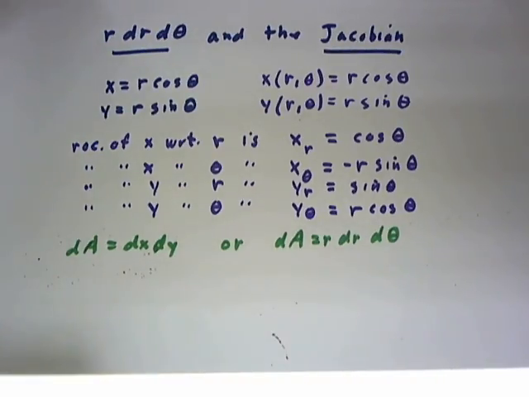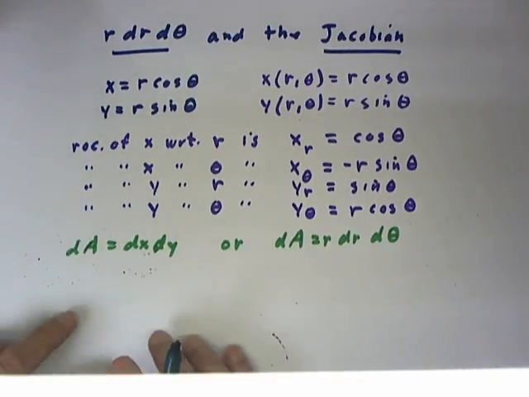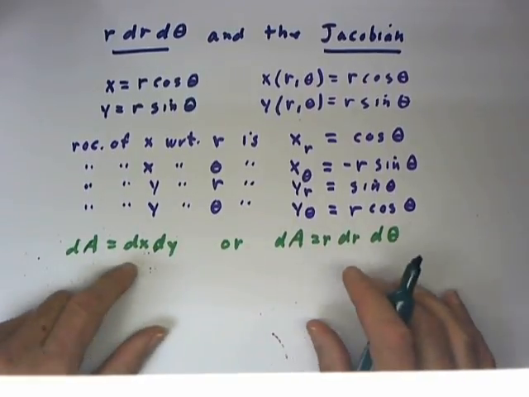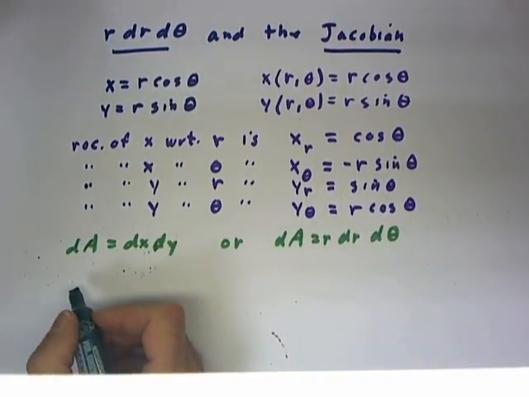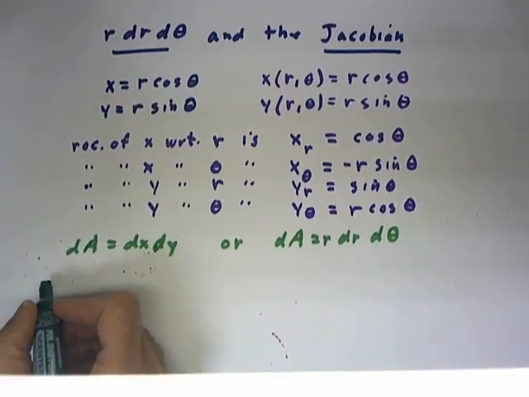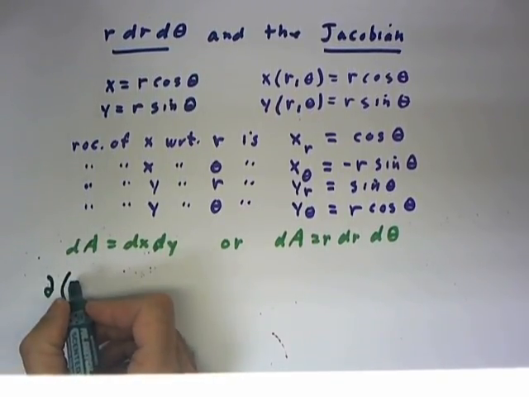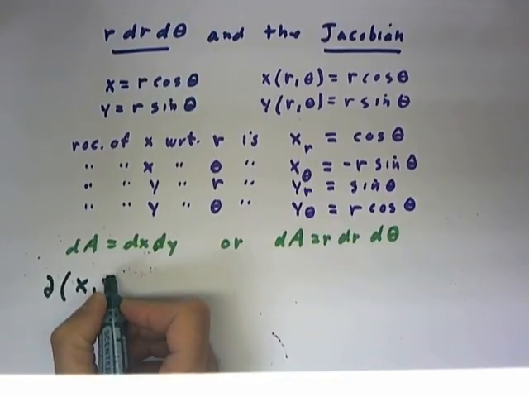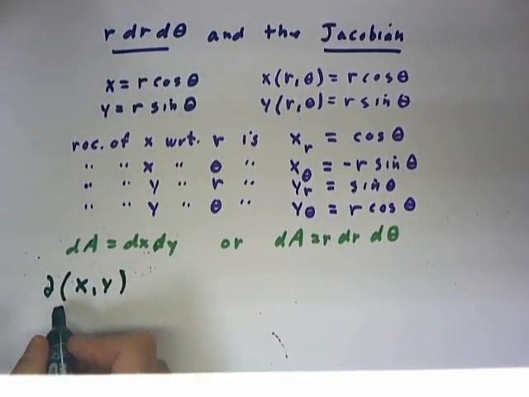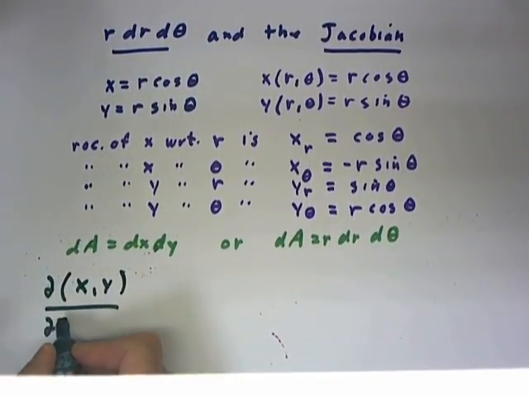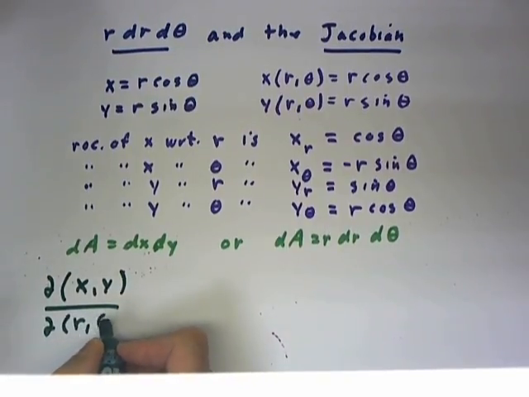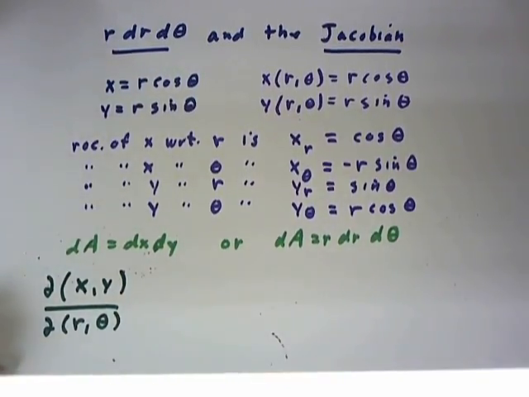Now, the notation I'm going to use here is perhaps a little difficult to relate to what we're doing, but I'm going to put it down here anyhow. It's kind of like a partial derivative of our xy coordinate system with respect to our r theta coordinate system.